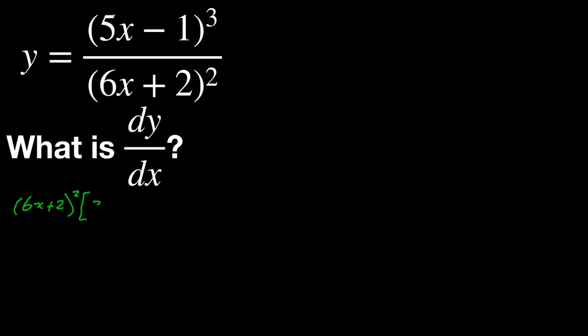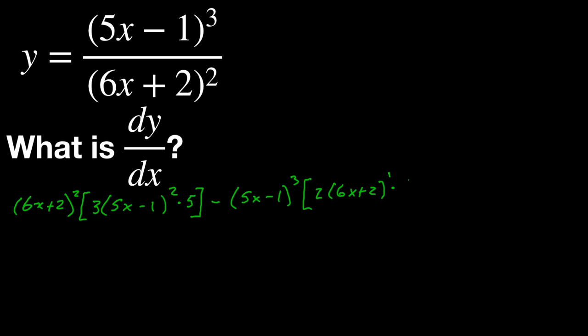Derivative of the top will be 3, inside part, second power, times derivative of the inside part, minus the top times derivative of the bottom, which would be 2, inside part first power, times derivative of the inside part.